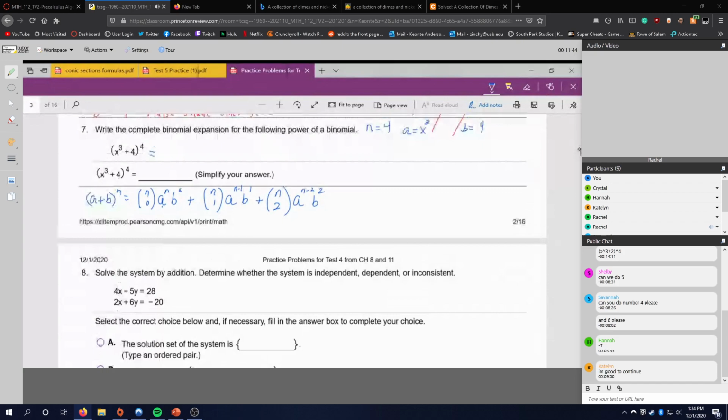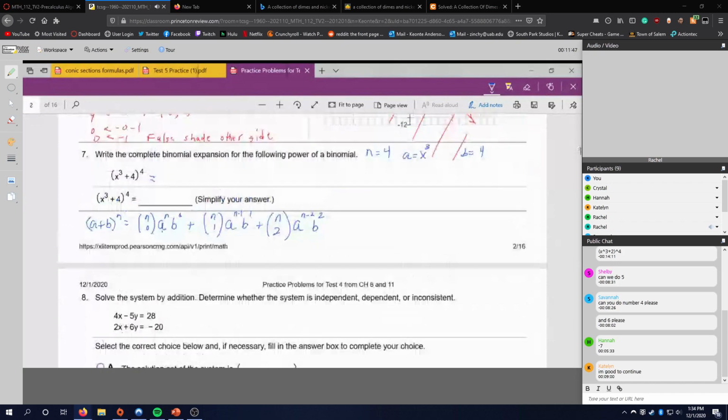So up here, I know n is 4, A is x to the 3rd, and B is 4. So I'm going to start my combination of 4, 0, and then I'm going to do x to the 3rd raised to the 4th power, 4 raised to the 0 power. Then I'm going to go 4, 1, x to the 3rd.